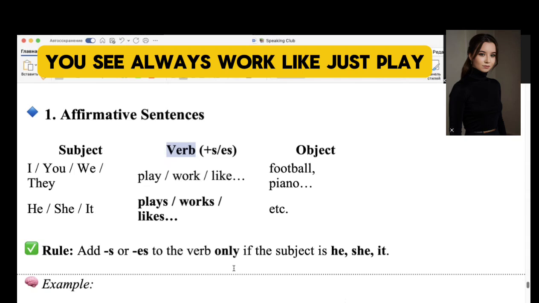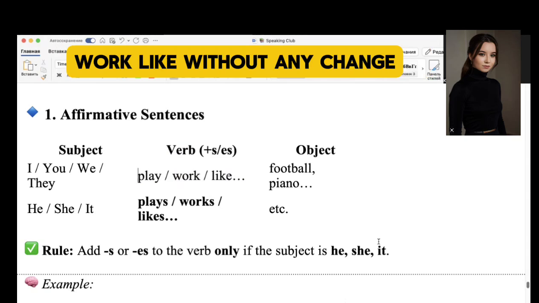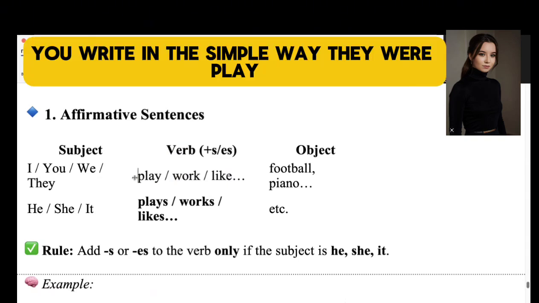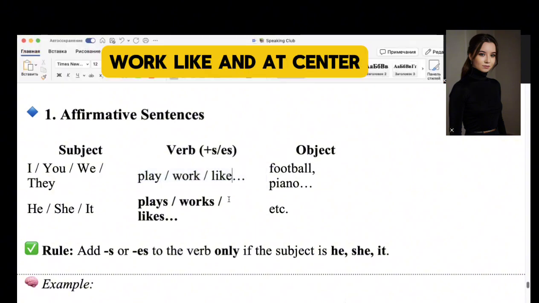You always see the verb like play, work, like, without any change. When you see I, you, we, they, you write the verb in the simple way: play, work, like, and so on.